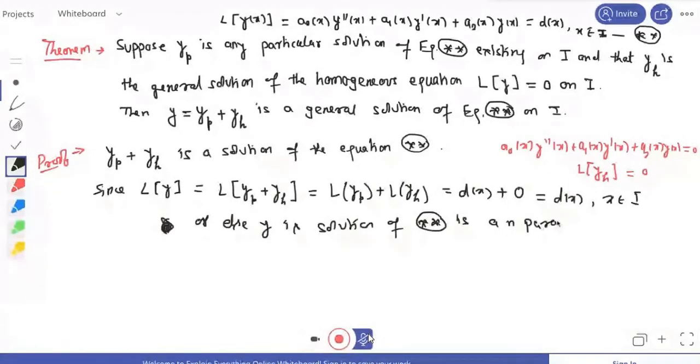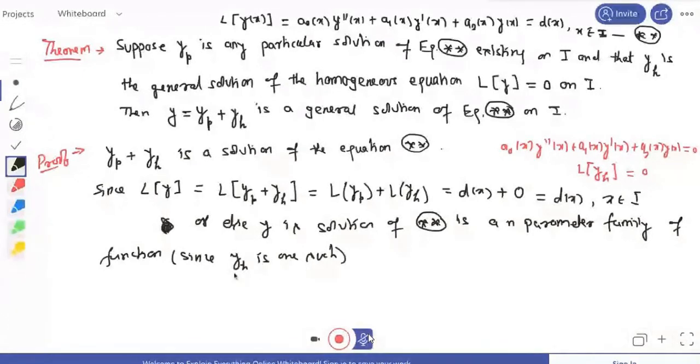This is an n parameter family of functions, because in yh there are C1, C2 up to Cn, there are n constants.